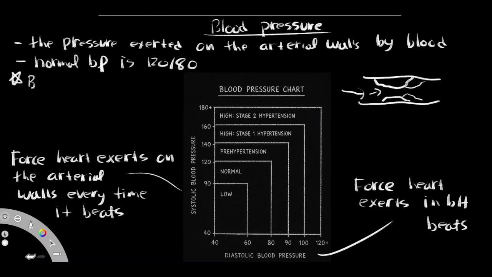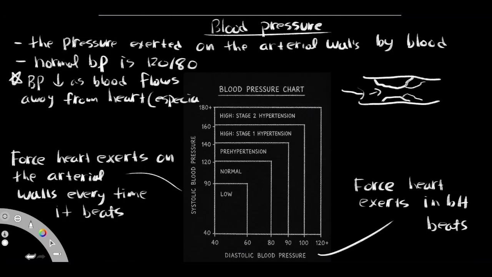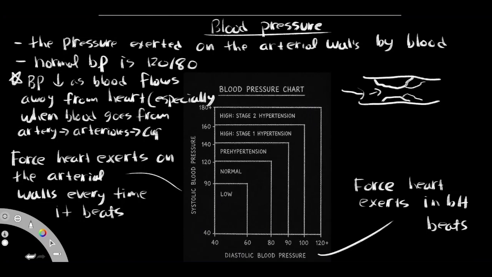I'm just going to put one more final note here. Blood pressure typically decreases as blood flows away from the heart. All right, especially when it goes from the artery to the arterioles to the capillaries.